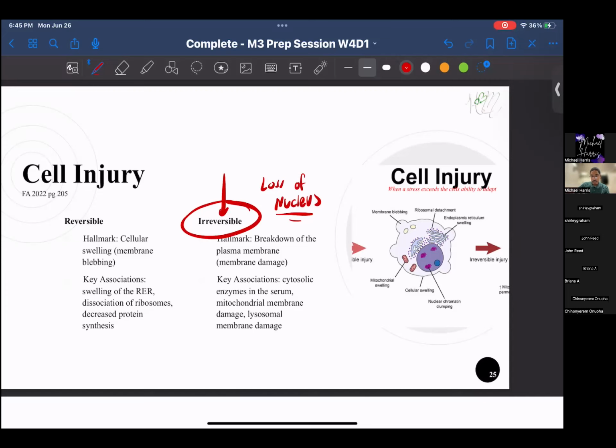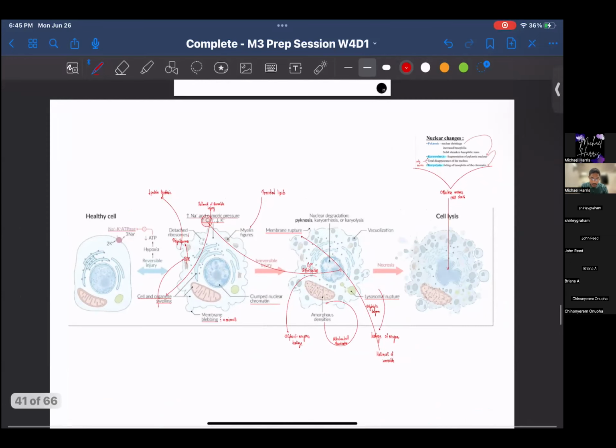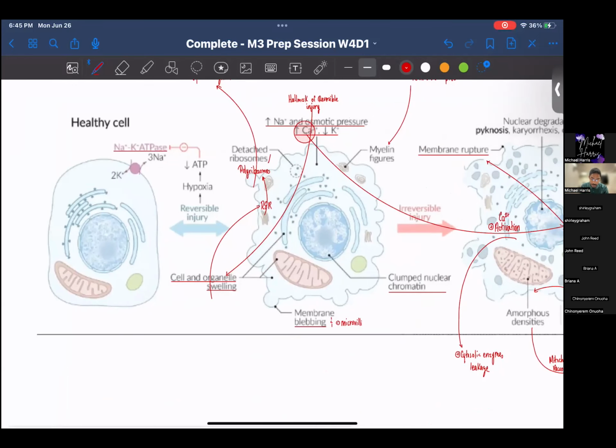Okay? Now, let's break this down real quick. This is a rehash to med 1, right? When you went over apoptosis. But essentially, you have a cell. The cell gets damaged reversibly, right? Just a little bit of damage, a little bit of injury. So what ends up happening is you start having hypoxia, you start decreasing ATP because your electron transport chain isn't working properly.